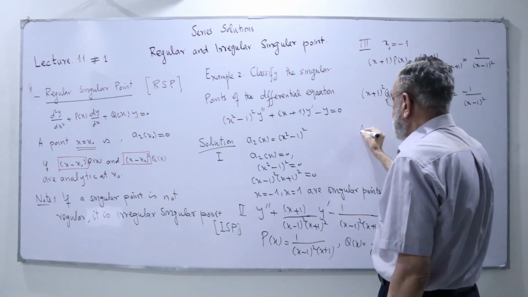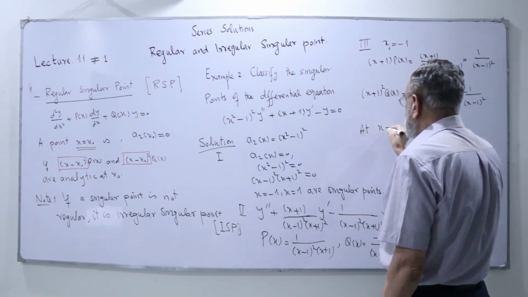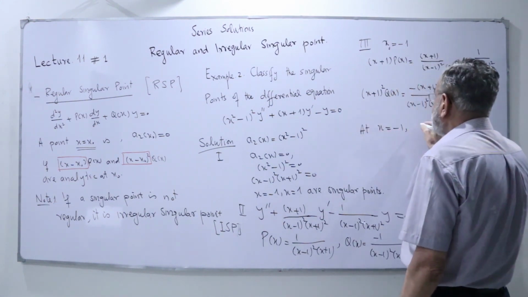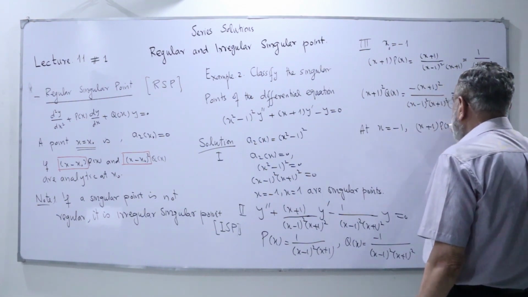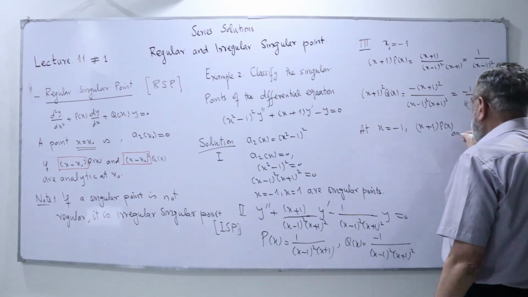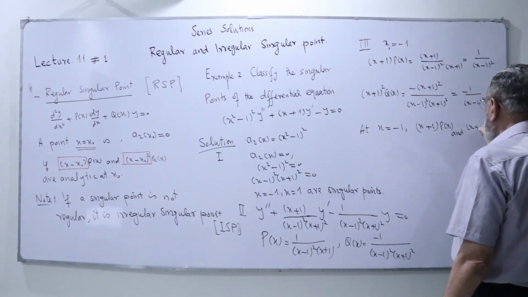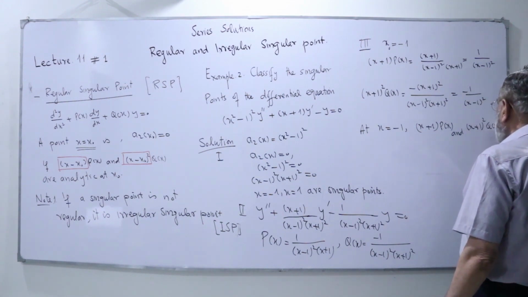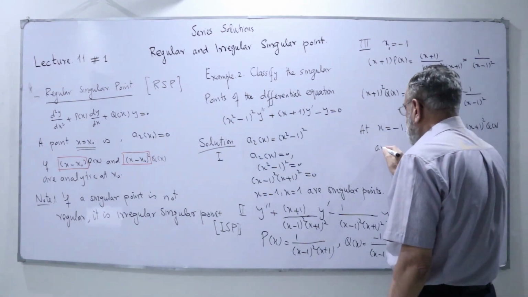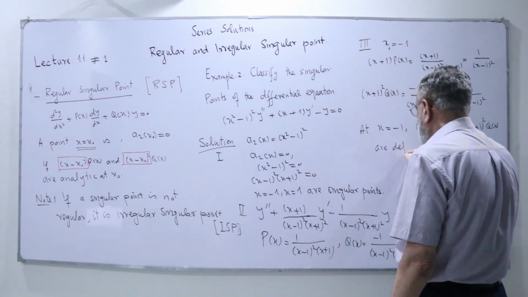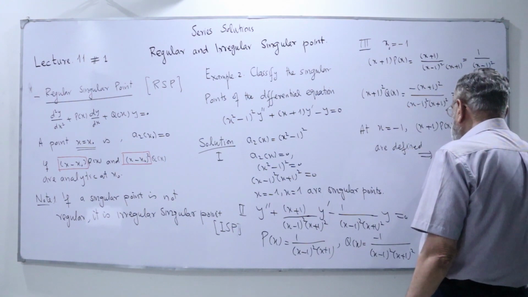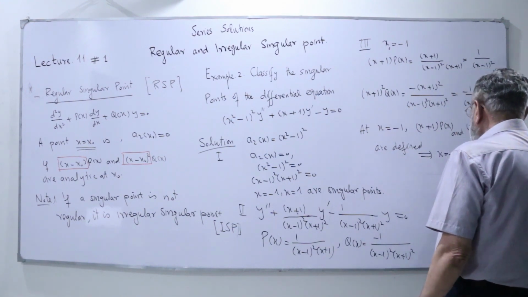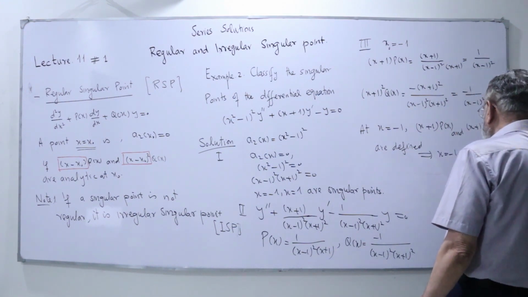So at x equal to −1, we have (x + 1) p of x and (x + 1)² q of x defined. I will say they are analytic, which implies x equal to −1 is a regular singular point.